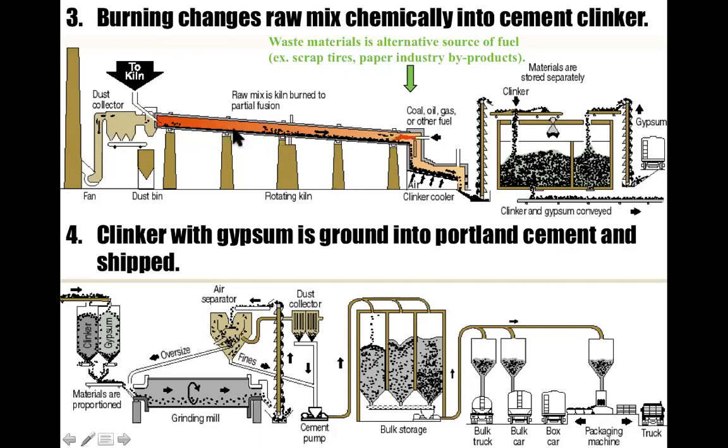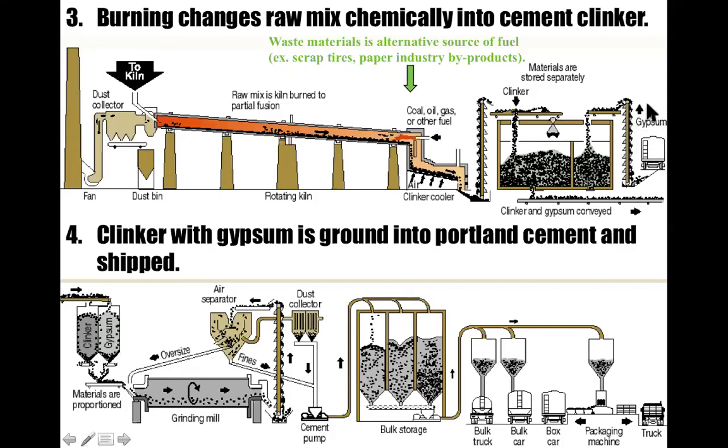The temperature in different sections of the kiln is also different. So during this burning process, different compounds will be produced. Finally we get the clinker. Materials are also stored separately.